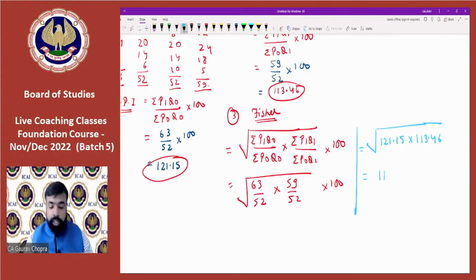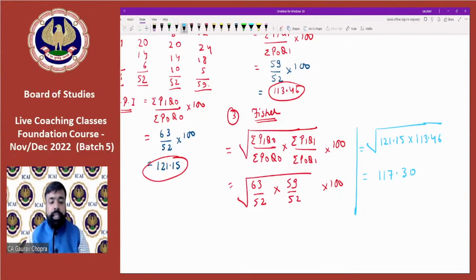So Pratik has given the answer 117.3. Okay. So this becomes the Fisher's index number. All right.